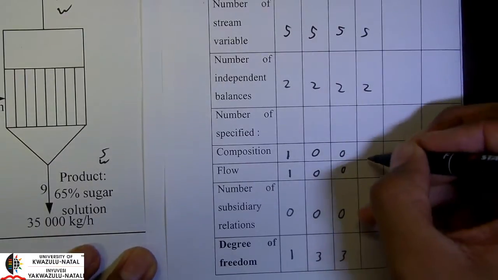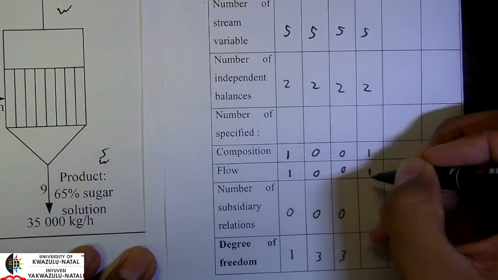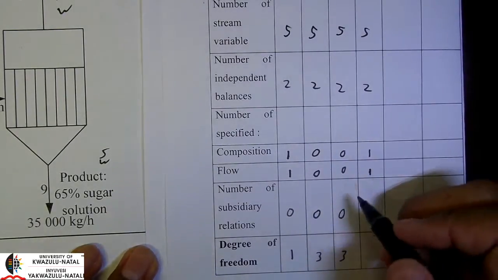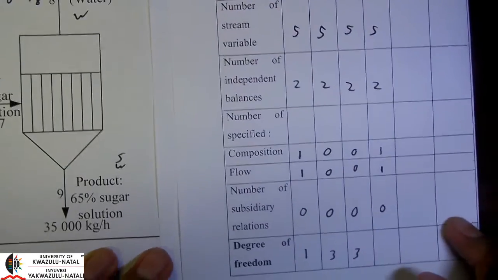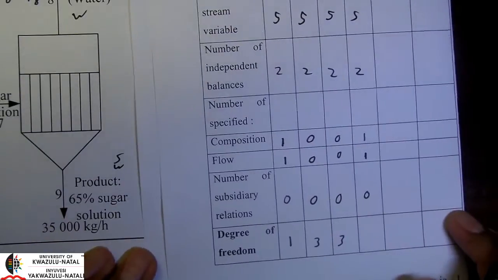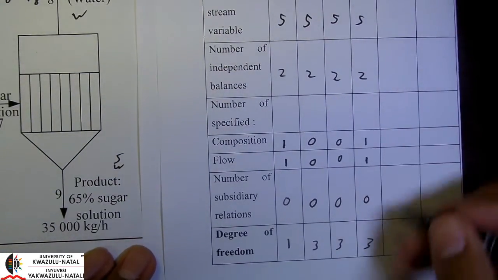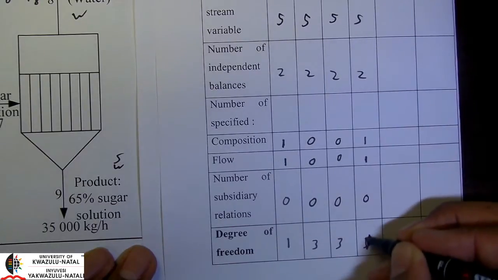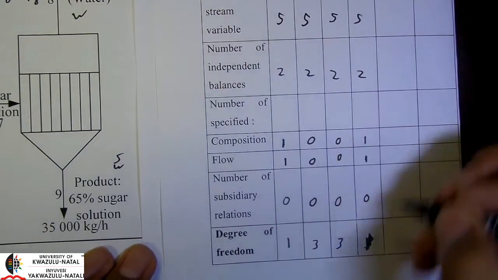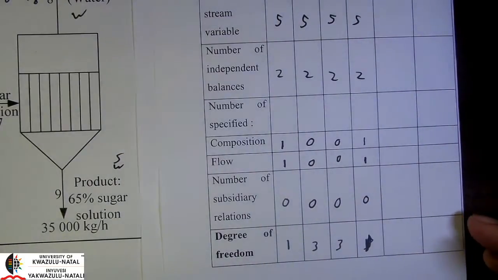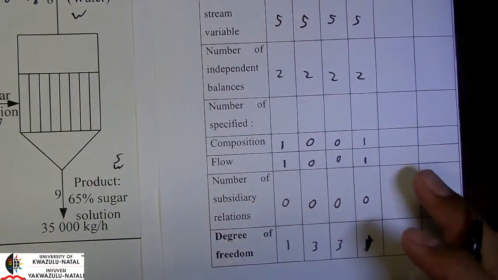We have 1 specified composition and 1 specified flow. Our subsidiary relation once again does not help us. So we have again a degree of freedom of 5 minus 2 minus 1 minus 1. So that's a degree of freedom of 1.